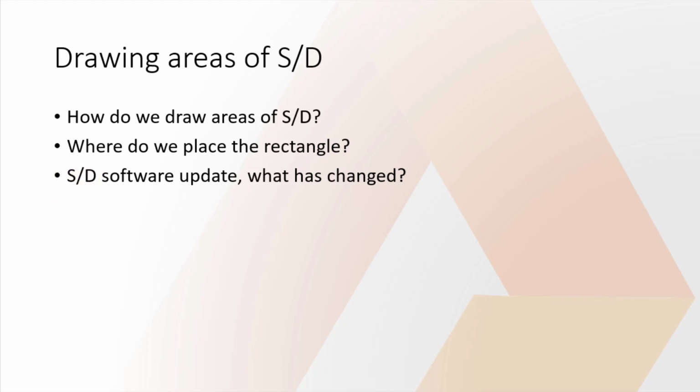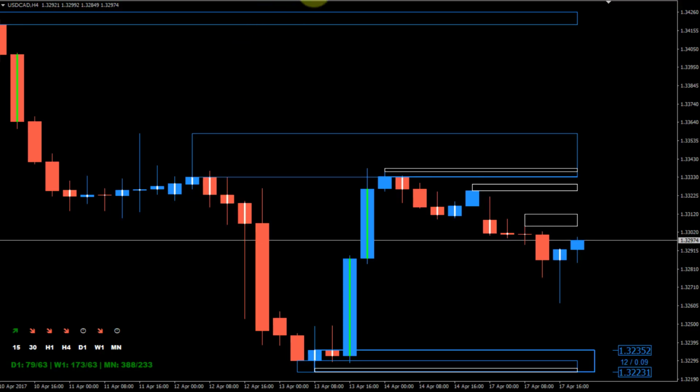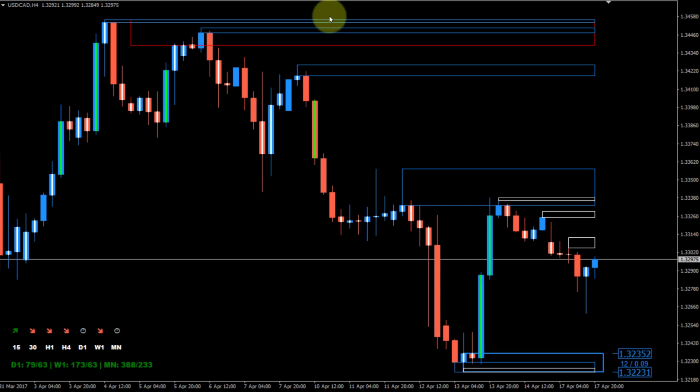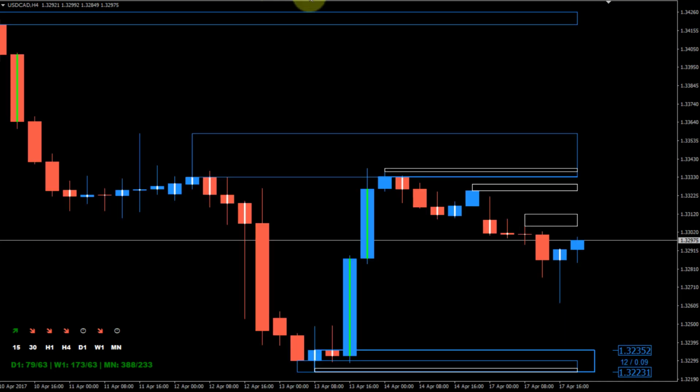Well, the core of the functionality hasn't changed at all, but there are a few modifications to these levels. The first and most obvious modification to the software is that instead of there being a line drawn from here to here, now we have a rectangle. And I wanted to do this to help people visualize where these levels are located.